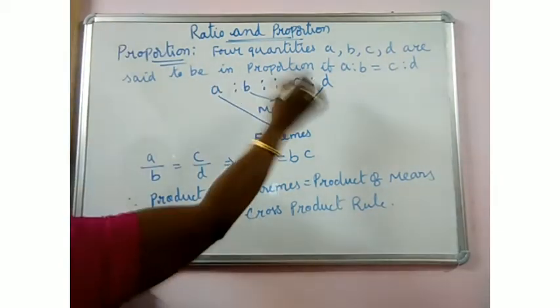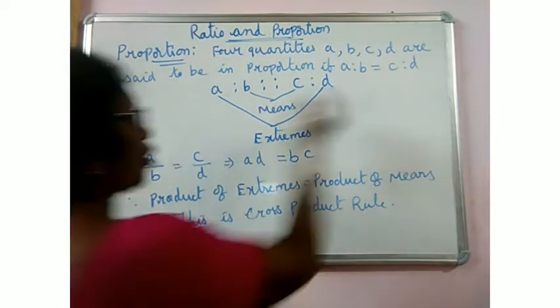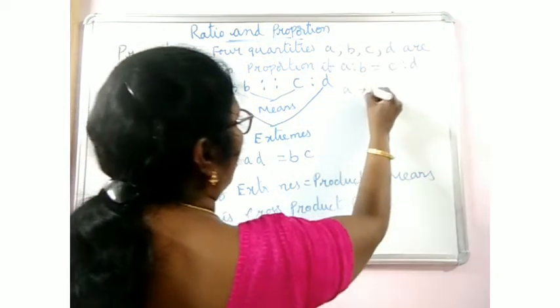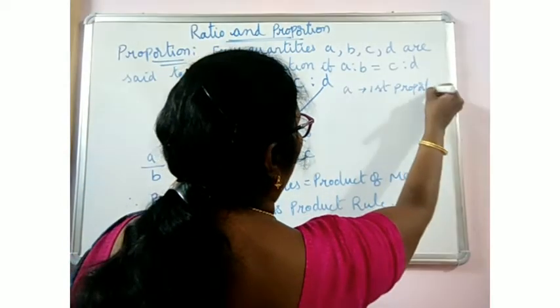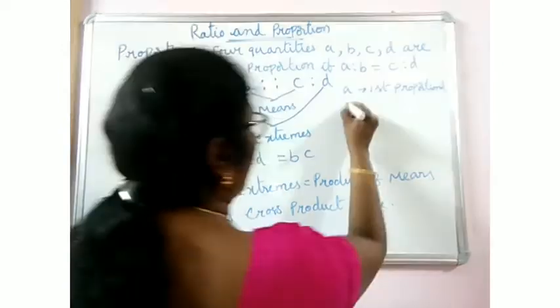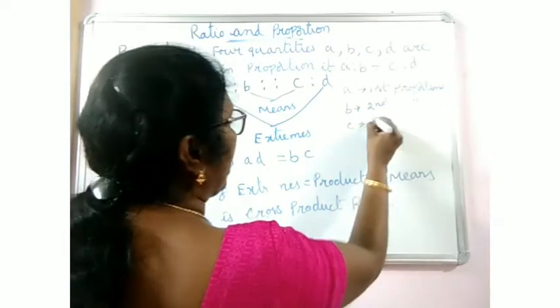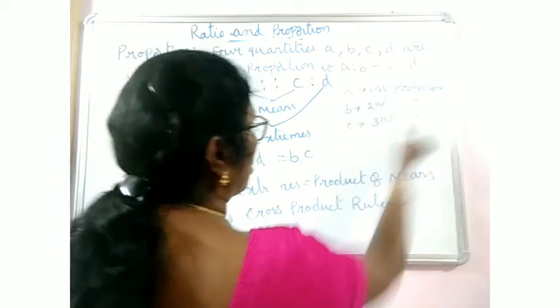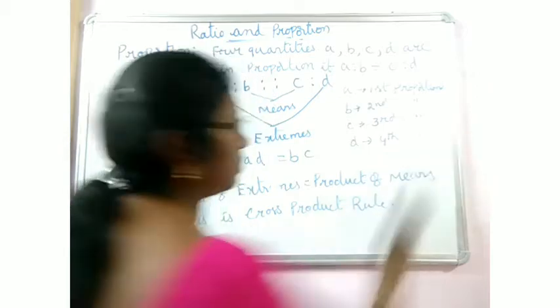A and D are said to be extremes, B and C are said to be means, and also A is the first proportional, B is the second proportional, C is the third proportional, and D is the fourth proportional.